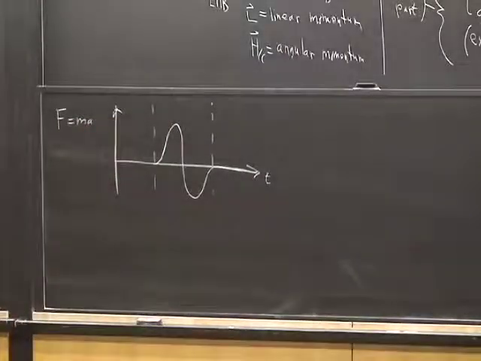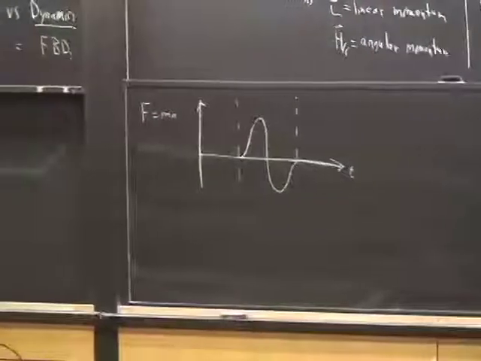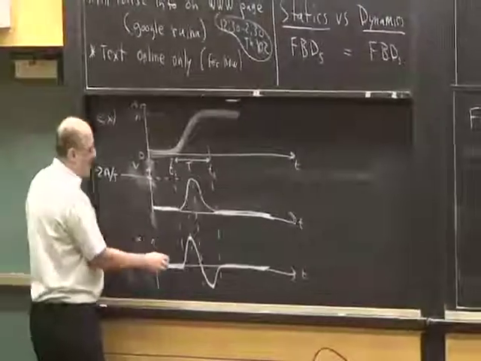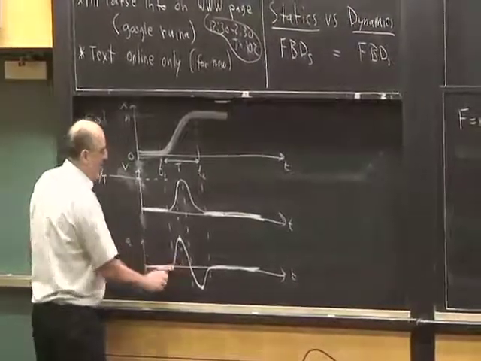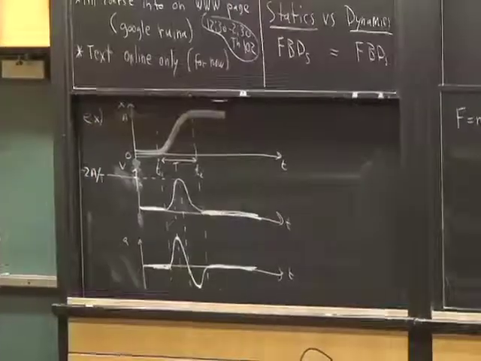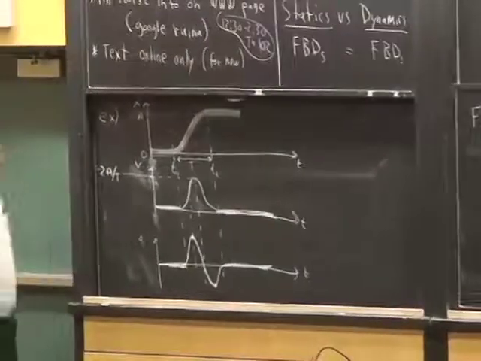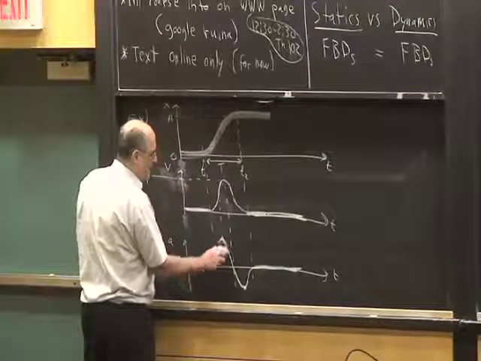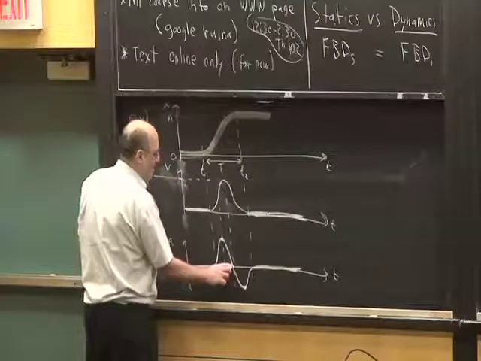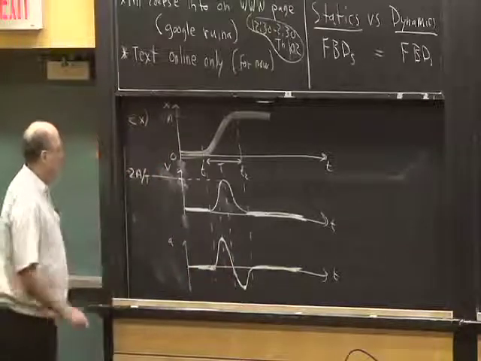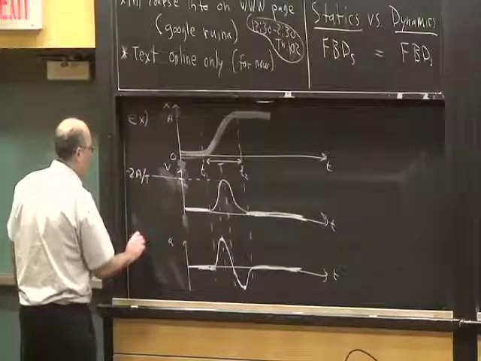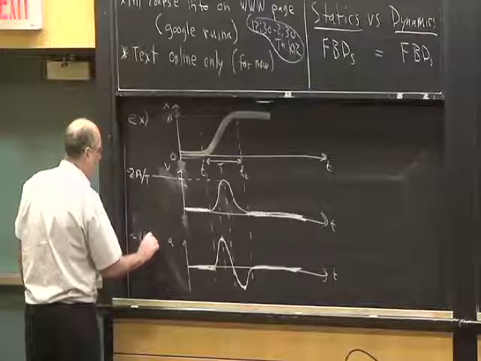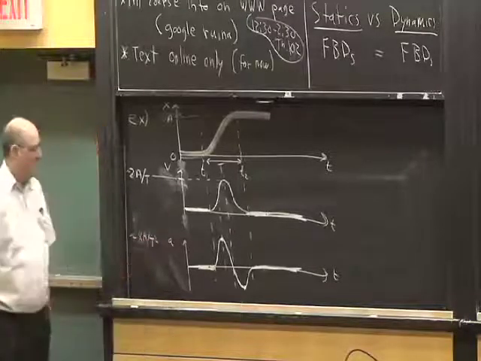Then you can ask about how big is this acceleration? Well, let's see. We got up to a velocity of 2a over t, and we got there in a time of t over 4. Sorry, we got there at a time about t over 4, so this would be approximately something like 8a over t squared.